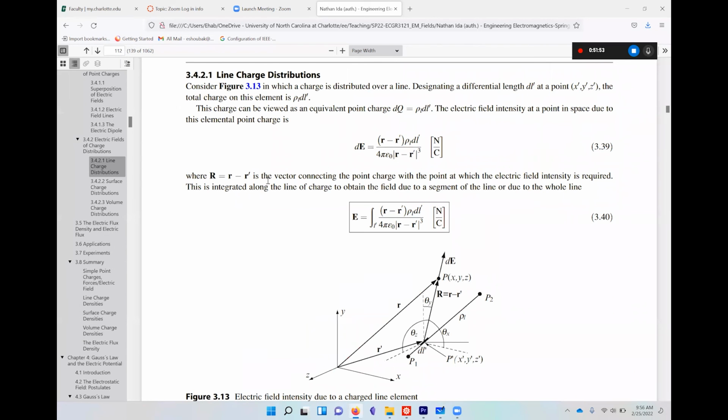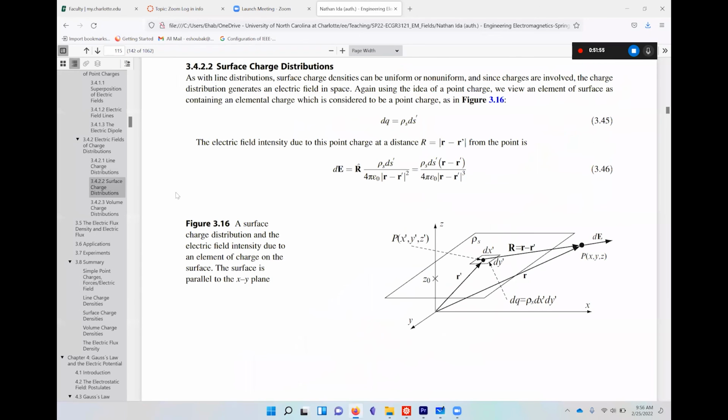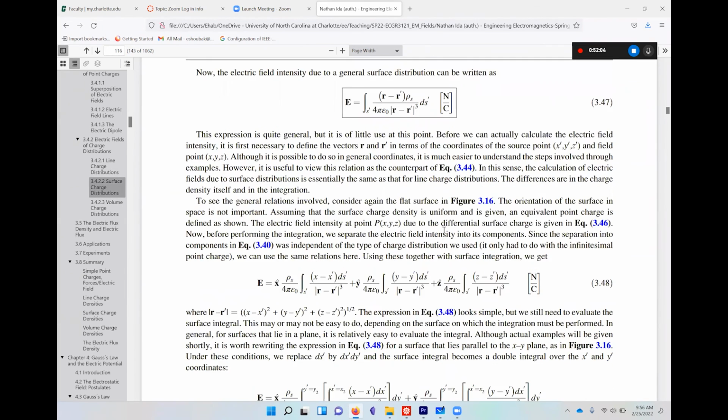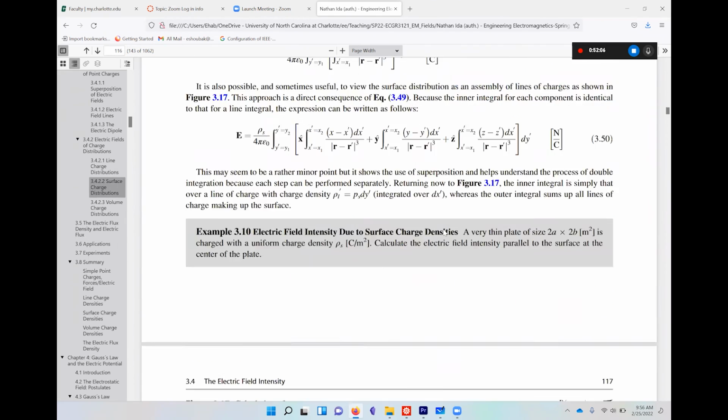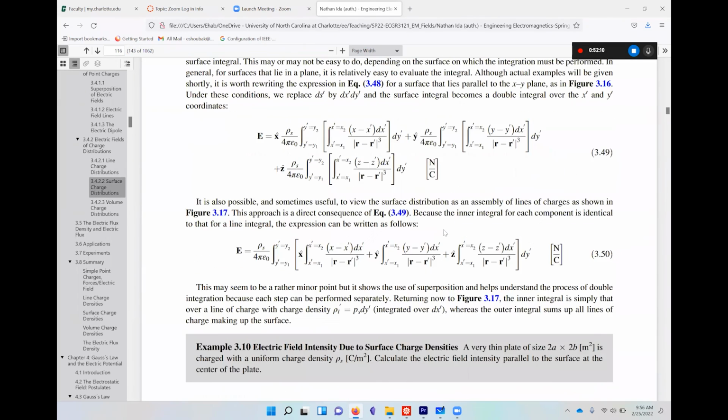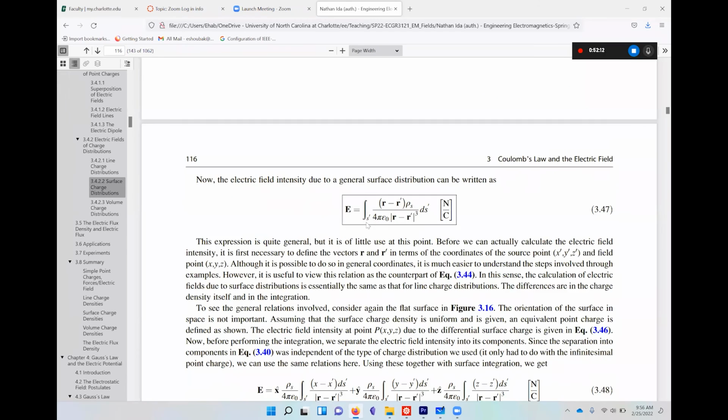Yeah. So I think this looks cumbersome, but it's pretty natural stuff. It's all Coulomb's law. So I guess it's good for us to do some examples on that, just to train ourselves. But this is the same thing, Coulomb's law, but now we're integrating over a surface. Notice S prime, notice the notation.